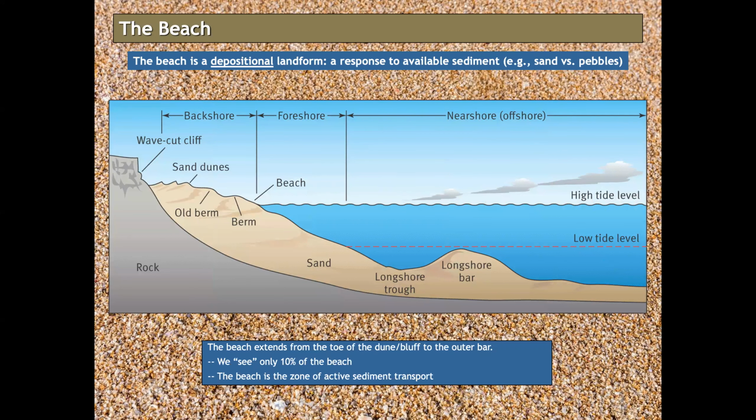Again, the idea of the beach, a depositional landform. It depends on where you are. There is the back shore, the foreshore, and the offshore region. There's a low tide line and a high tide line. And the beaches will respond in winter because there's more energy in the wave action. A lot of the sand is pushed further in. During summer, the opposite happens.